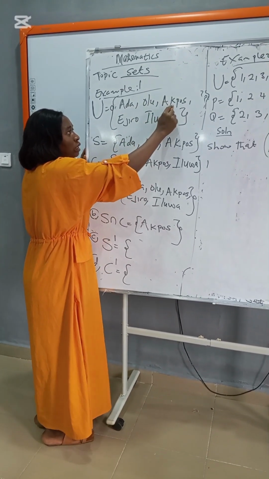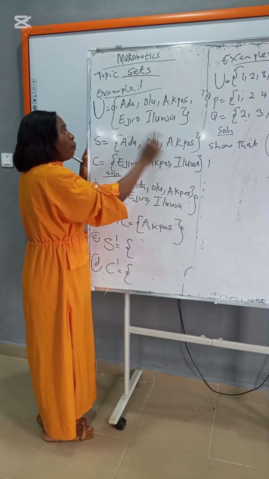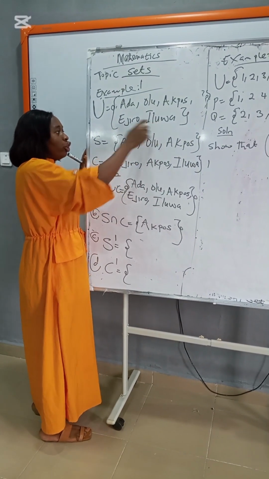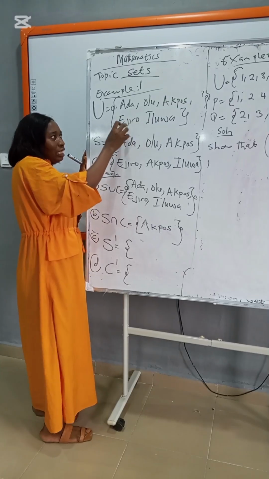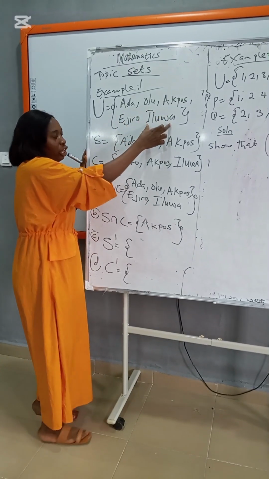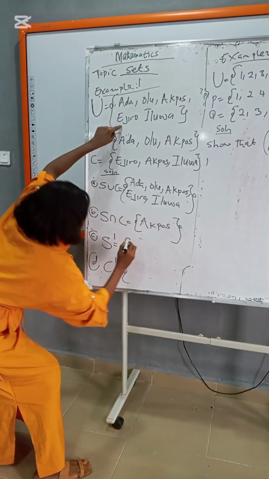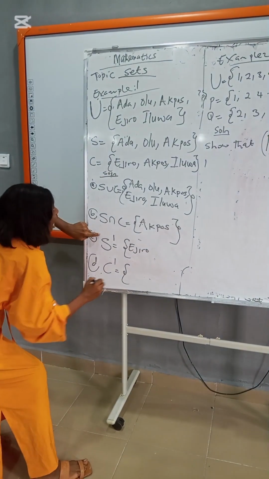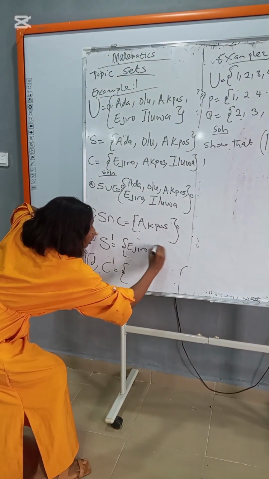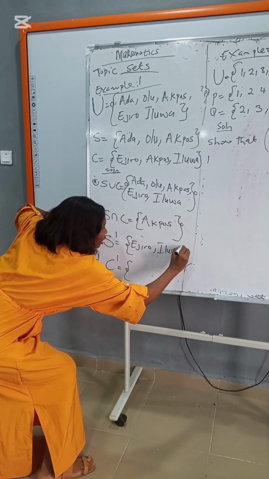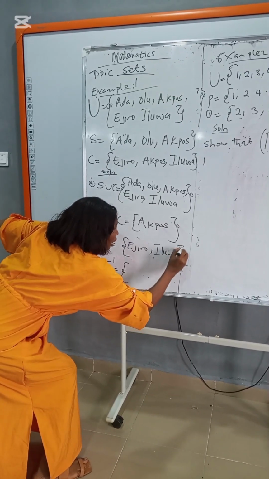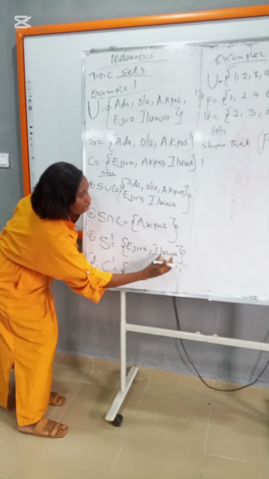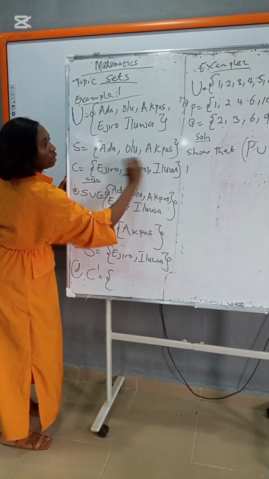I have Apos here, it is also in set S, but I don't have Ejiro in set S. I don't have Inua. So the complement of S is Ejiro and what? Inua. Means if you check, Ejiro and Inua are not in this place.